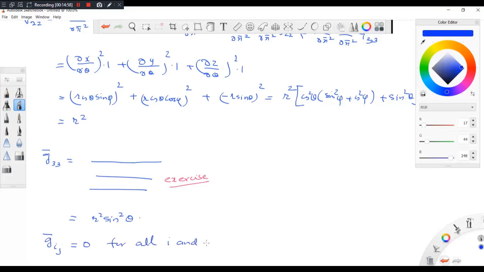Good. Okay, so this I give you. So what is your fundamental tensor?